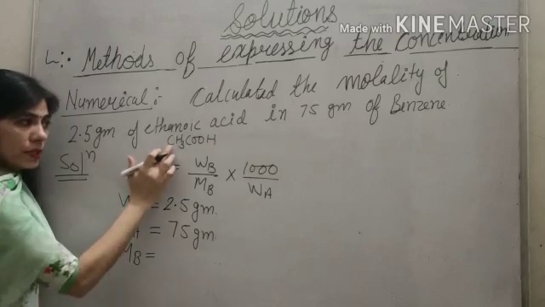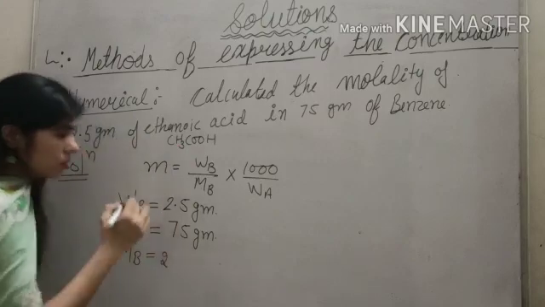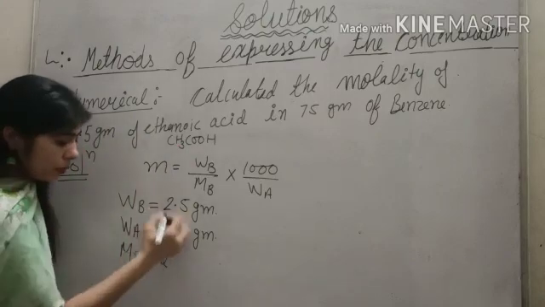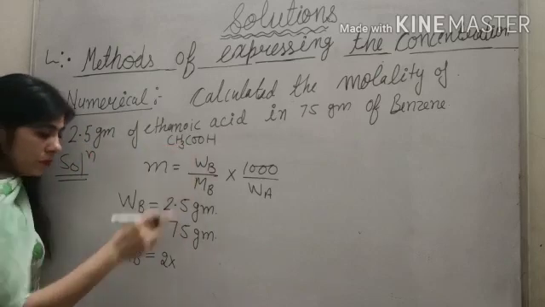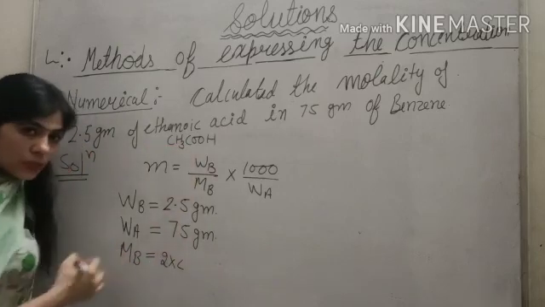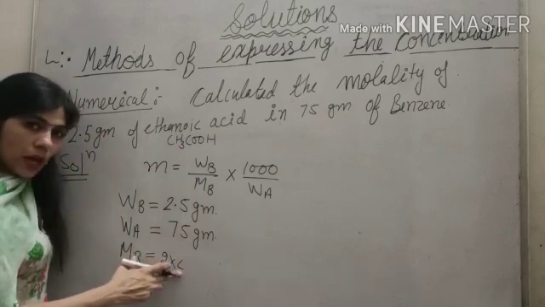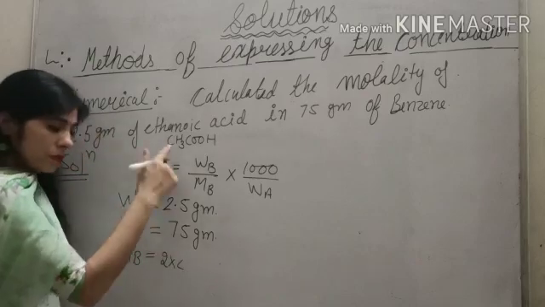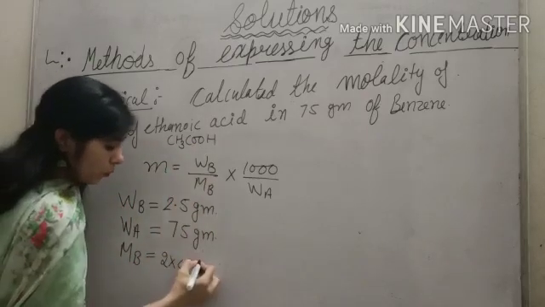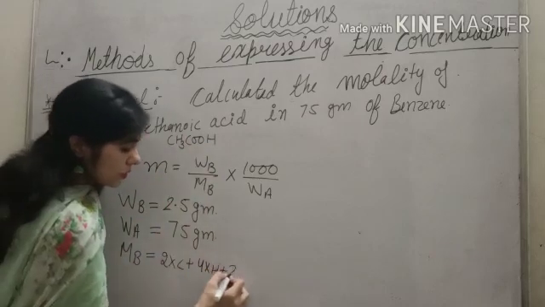So in this, how many carbon atoms are there? 2 carbon atoms. So the molecular mass of ethanoic acid is calculated by multiplying 2 by the mass of the carbon atom, as there are 2 carbon atoms, plus 4 hydrogen atoms, plus 2 oxygen atoms.